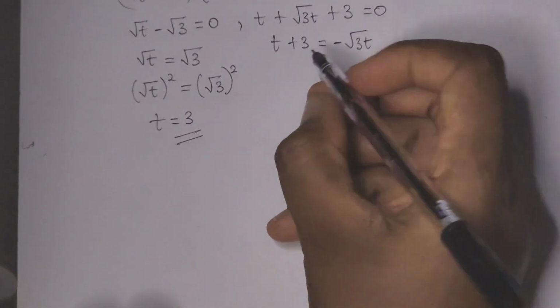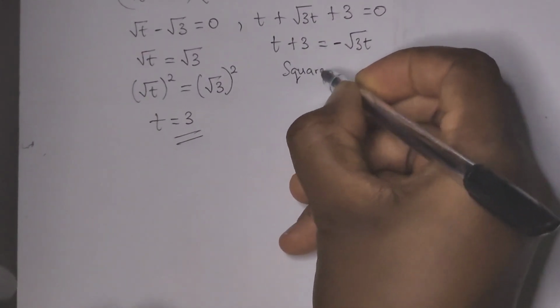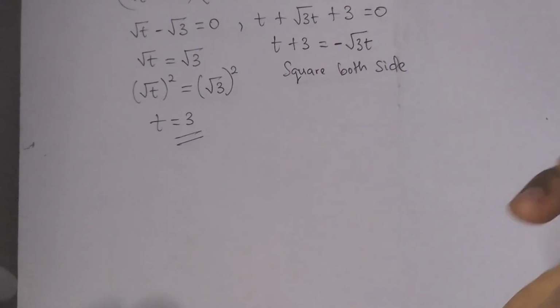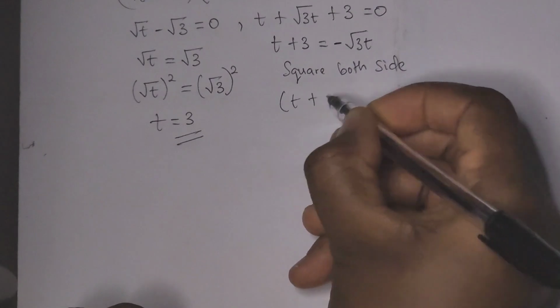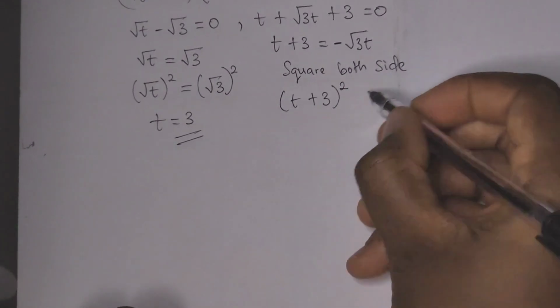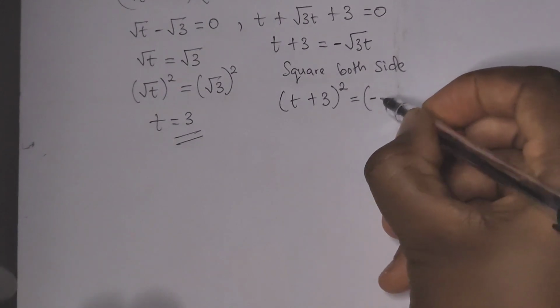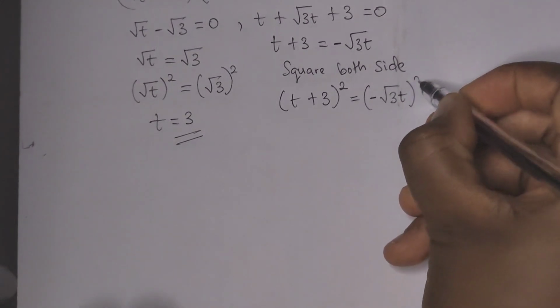We'll now take the square of both sides. This will become t plus 3 all squared equal to minus square root of 3t all squared.